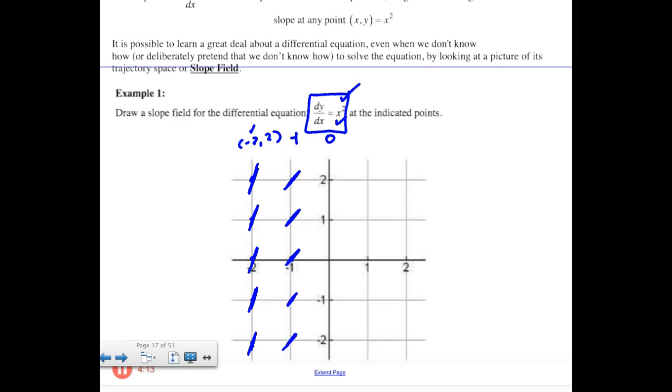Everywhere where x is 0, my tangent line will have a slope of 0 squared, or 0. Everywhere x is 1, I'm going to have slopes that are the same as on that side. And I am creating a slope field. I'm creating a graphical representation of the solutions to this differential equation.